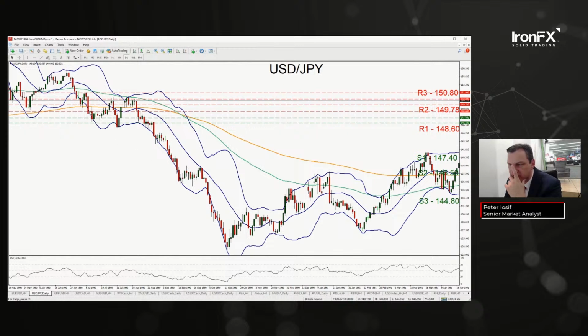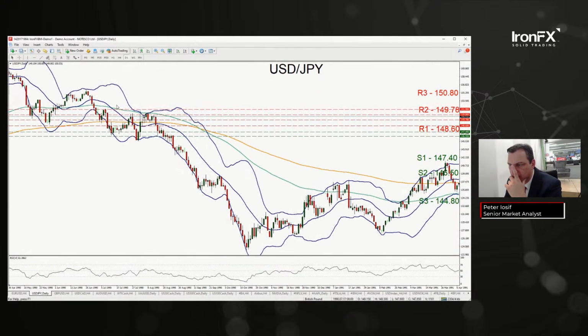So we have a resistance up here. Now that's 151.90. Could go 95. Let's have a look. Yep.